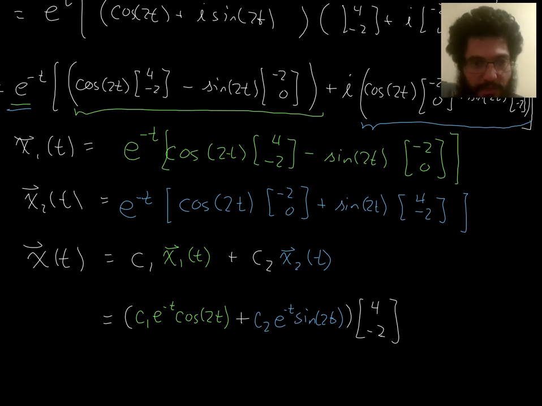And then I've also got plus stuff times some scalar times the vector (negative 2, 0). So what is the green contributing? It's contributing negative c1 e to the minus t, the negative coming from here, sine 2t.